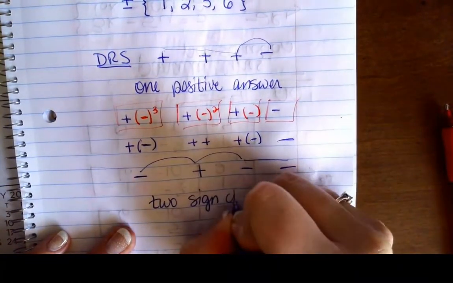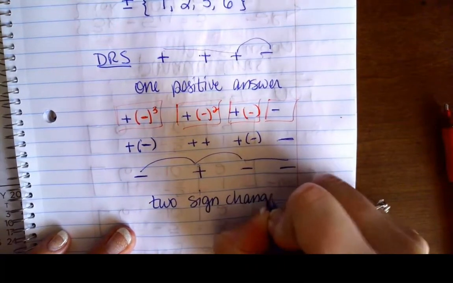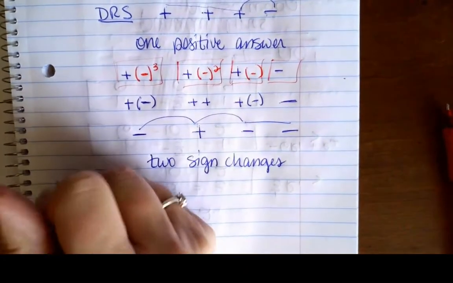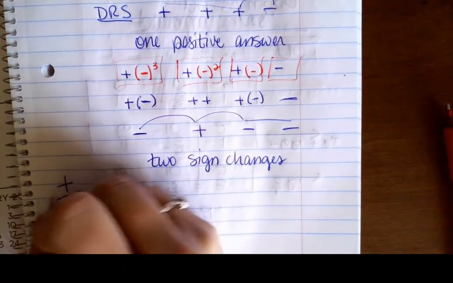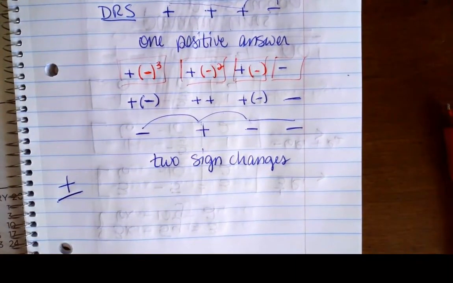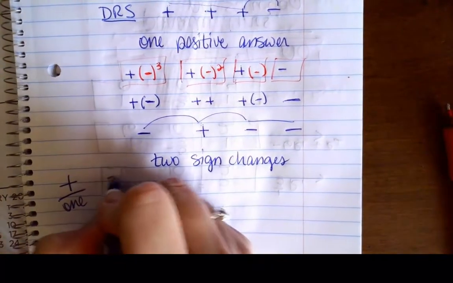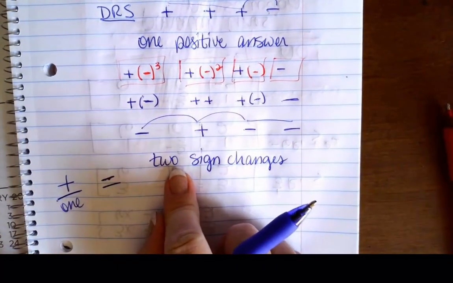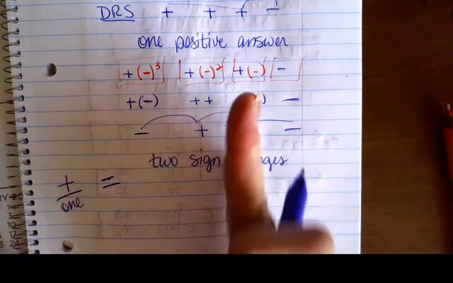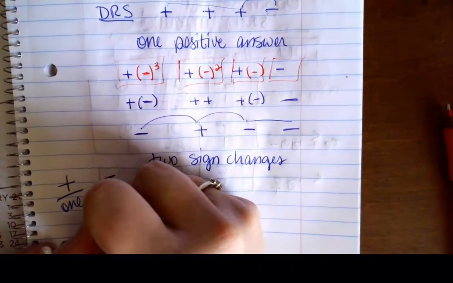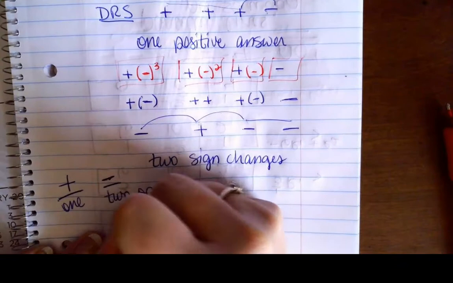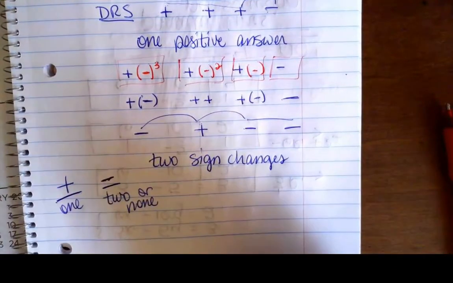Okay, so this is where it gets weird. What that means is, so far for positive answers, I know I'm going to have a quantity of 1 positive answer. For negative answers, I will either have 2, or I need to count backwards by 2's. I will either have 2 or none. Okay, so think about that.